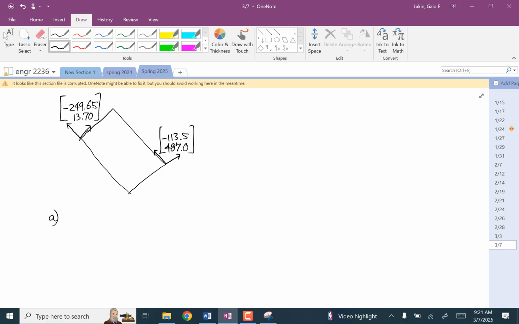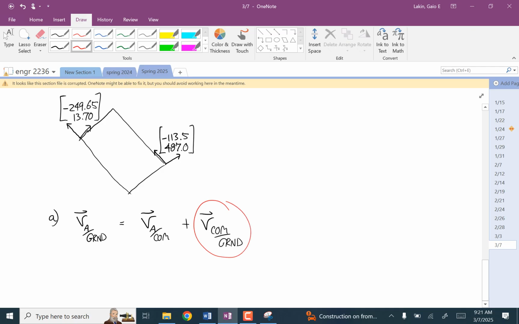So we can think of it as the velocity of A relative to the ground, which is what we want, is equal to the velocity of A relative to the center of mass plus the velocity of the center of mass relative to the ground. And the reason we do it that way is because this is what we're given, the velocity of the center of mass relative to the ground.